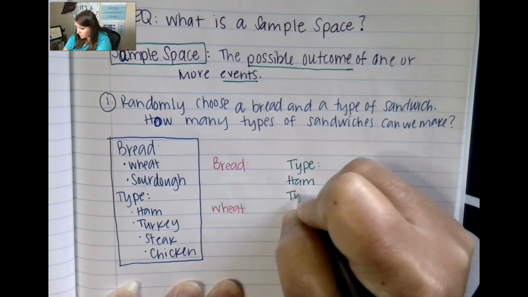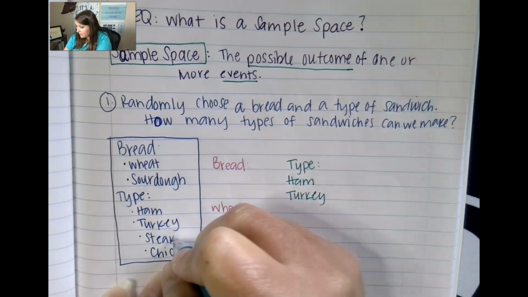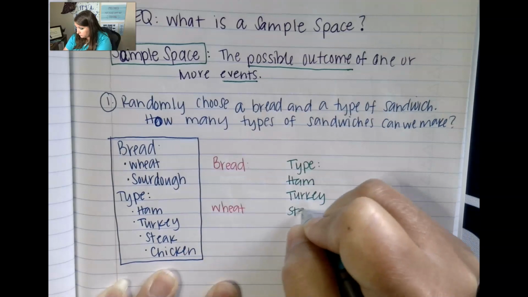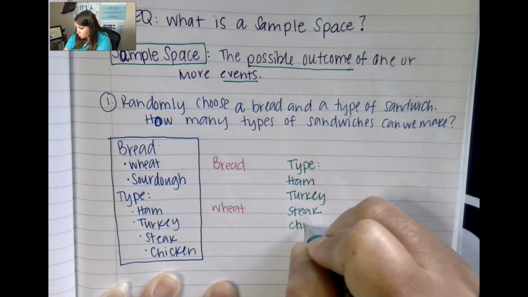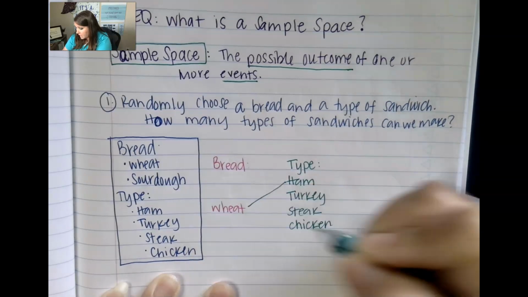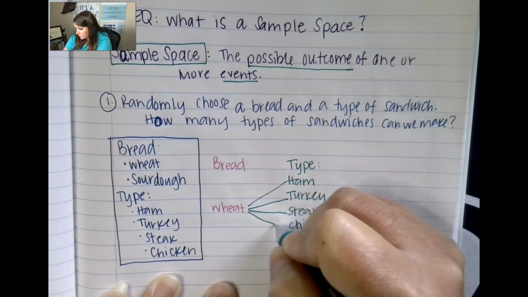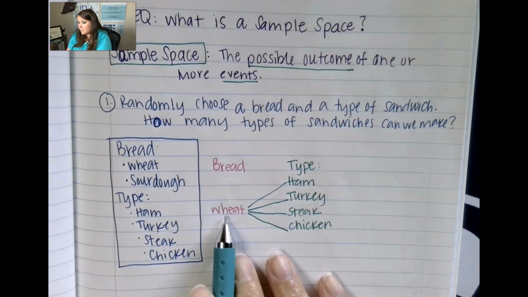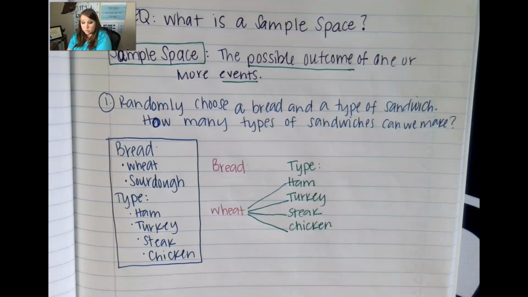We could have turkey, steak, and chicken. So you could have a ham, turkey, steak, and chicken sandwich. So wheat has a possibility of 4 different types of sandwich.